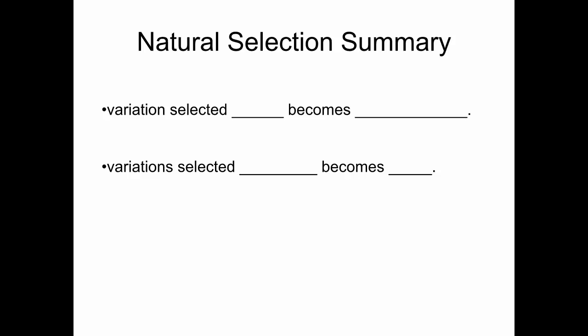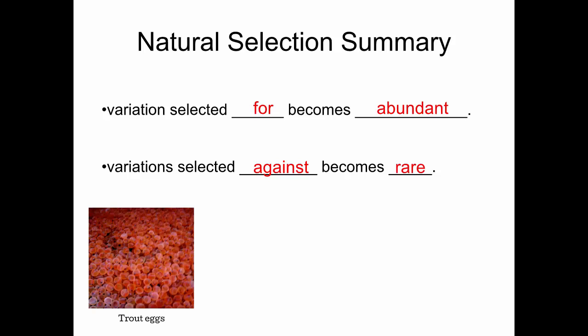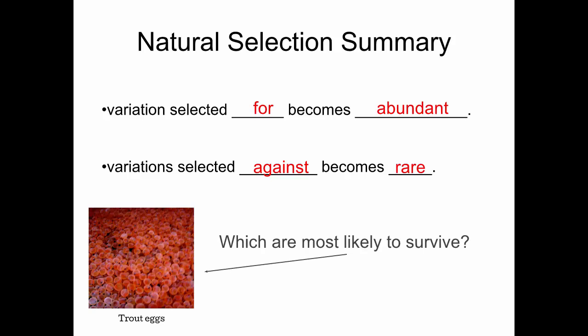So in any population, any variation, any difference that's helpful, that's selected for, becomes more and more common over time, becomes more abundant. Any variation that's harmful or prevents reproduction becomes rare over time. So like we said the other day, a female fish can release thousands of eggs at one time.